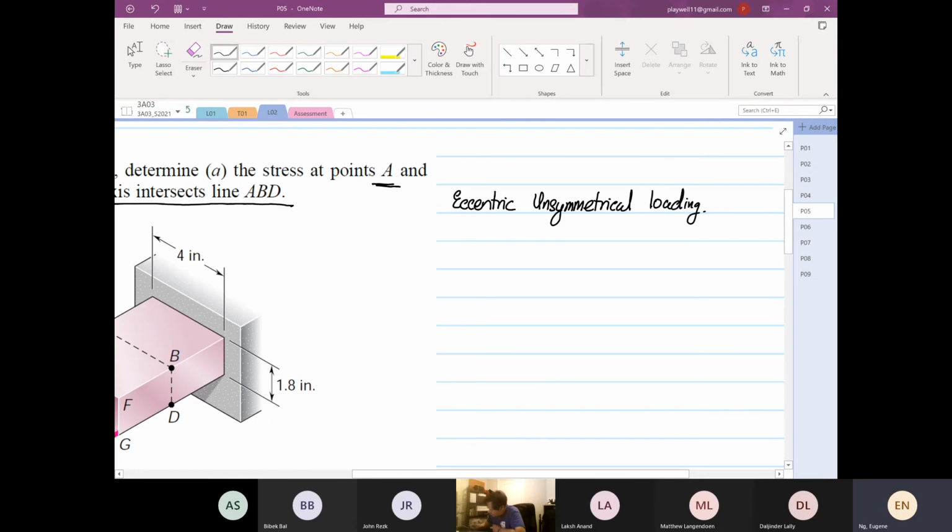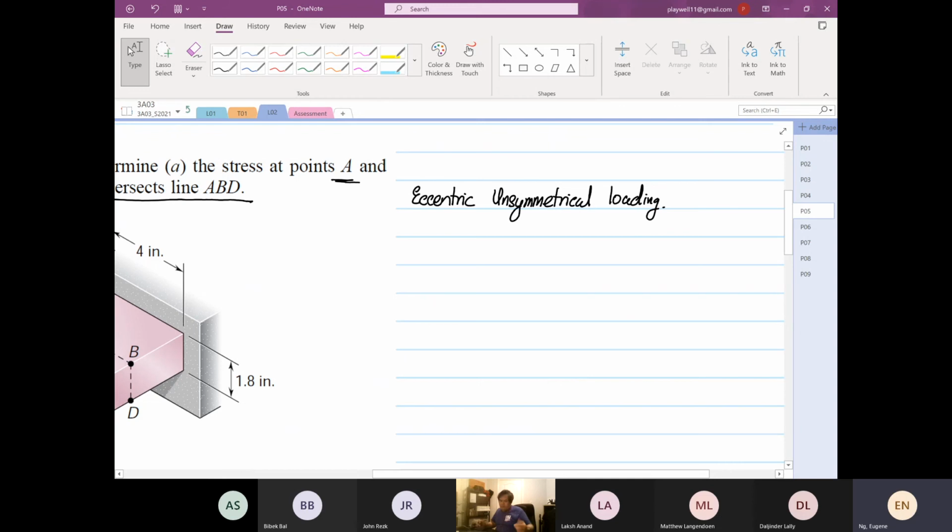Immediately declare the formula that we're going to use. We know that stress x is equal to Px over A plus My over Iyy multiplied by z minus Mz over Izz multiplied by y.